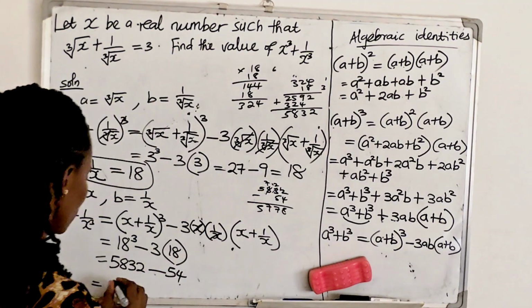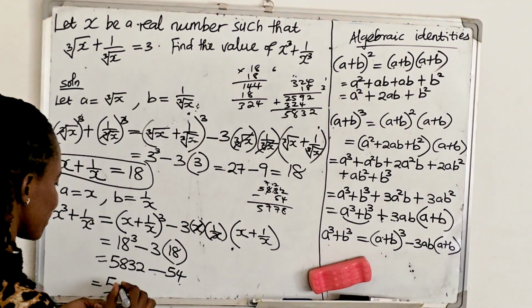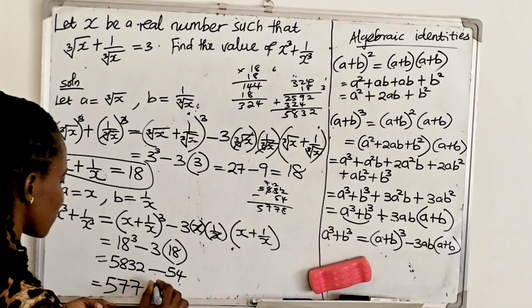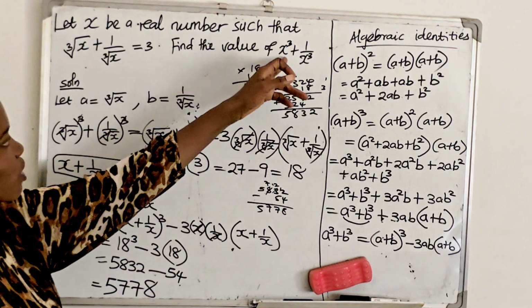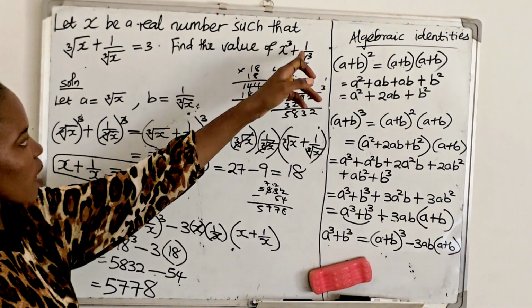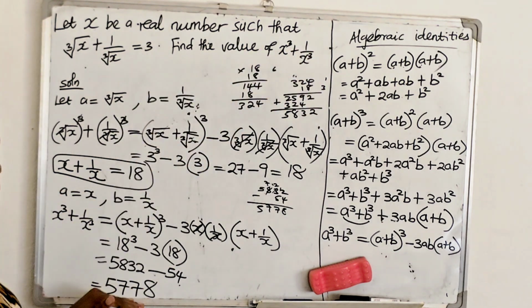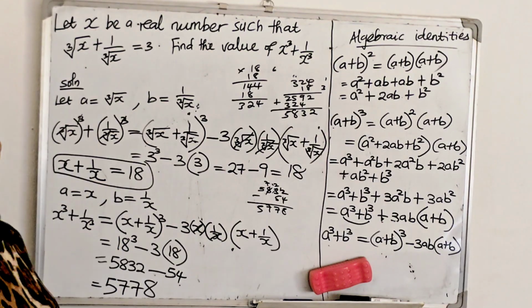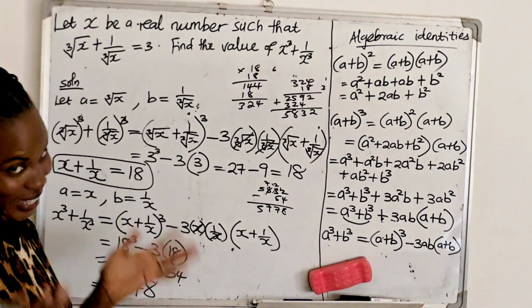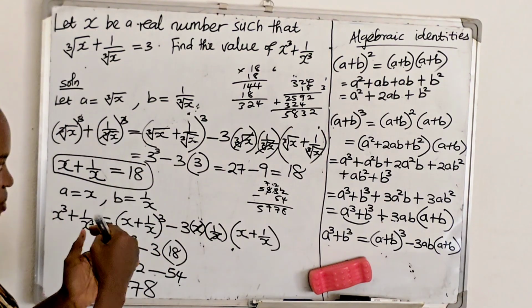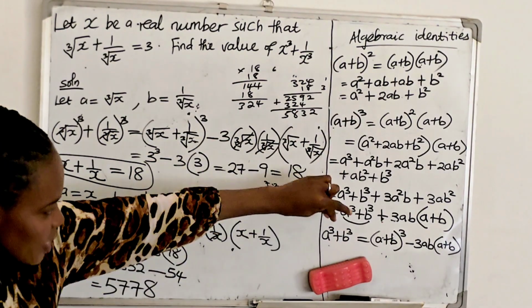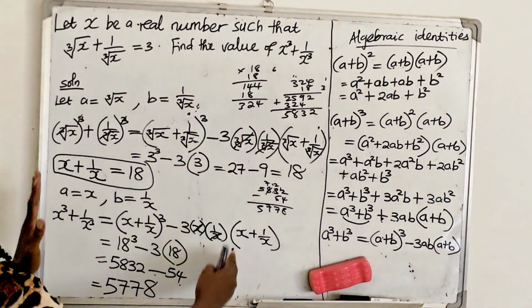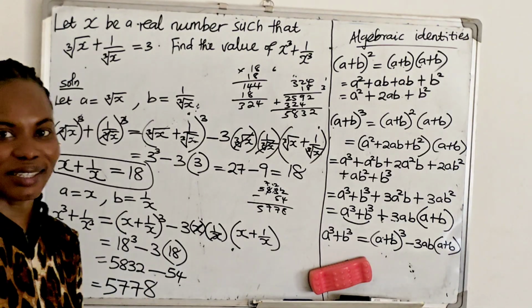Bring down 5. So we have 5,778. So the answer to this question, the value of x raised to the power 3 plus 1 over x raised to the power 3 is equal to 5,778. Isn't that very simple? It is. Just go through it step by step, understand the algebraic identities, and use this expansion to answer this. You will get it correctly. Okay?